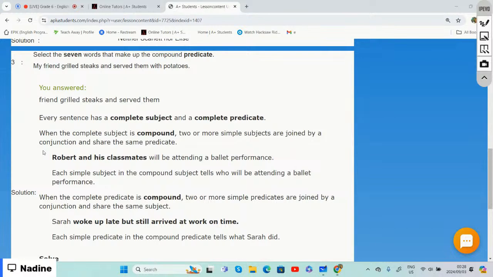So now we're going to look at a complete subject and a complete predicate, and we said each sentence has a complete subject and a complete predicate.